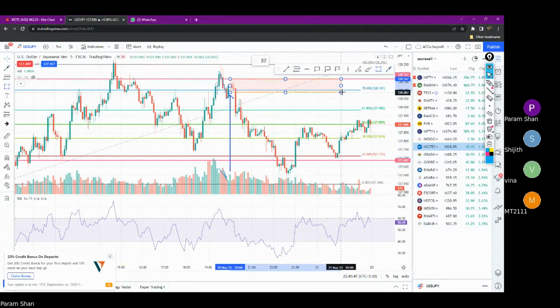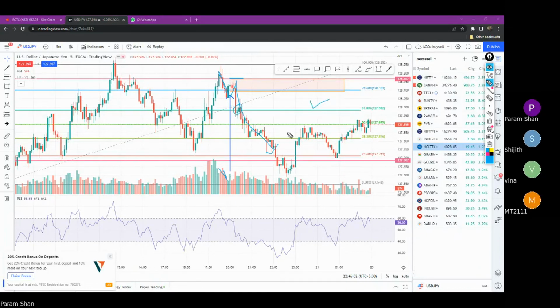Box formed. What happened? Originally, price came down. It had a pullback. It did not go beyond the box. Again, it fell down. Where it fell down, first 61%, one target done. Second 50%, second target done. Third 38%, third target also done. See, at each and every Fibonacci level, it had a pullback.